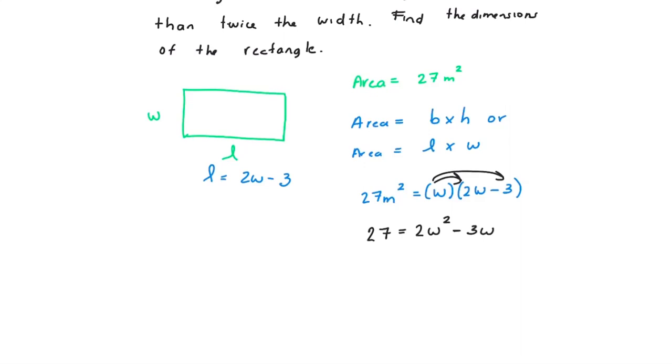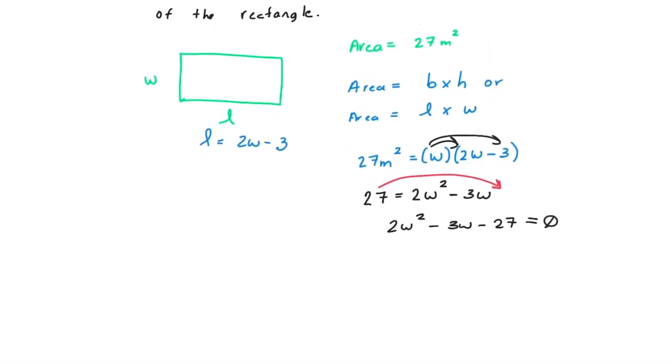And then, as everybody knows, we have to make our quadratic equal to 0 so we can start thinking about how to solve that one. So this 27 is going to be sent to the other side, and we're going to have 2W to the second minus 3W minus 27 equals 0.